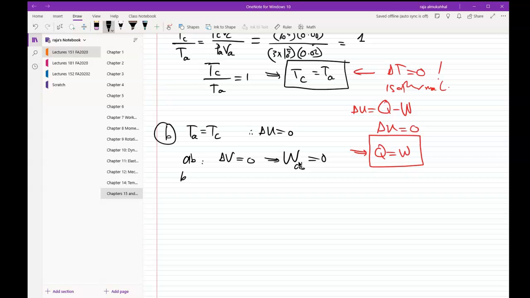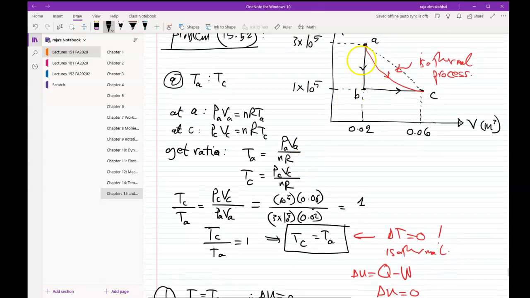Now the path BC is isobaric, and so the work BC is equal to P delta V, right? Go back to the diagram. It's this one. So P, which is that, delta V, which is 0.06 minus 0.02.